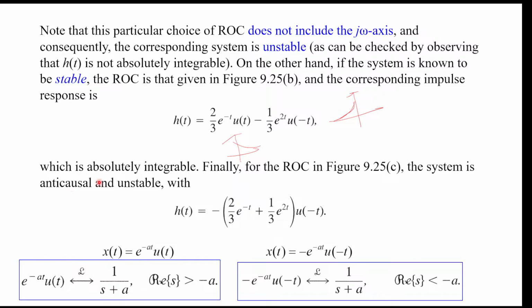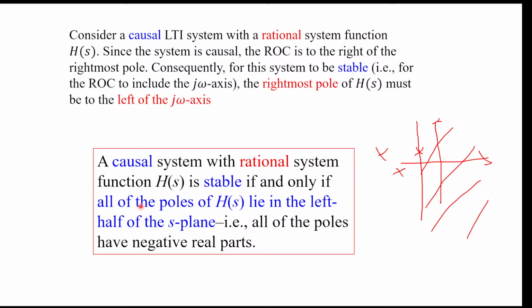This is just a notation, not used too much. But when you see anti-causal, it means that when you say your system is anti-causal, this impulse response only has value when t is less than 0. Okay, so that's anti-causal.